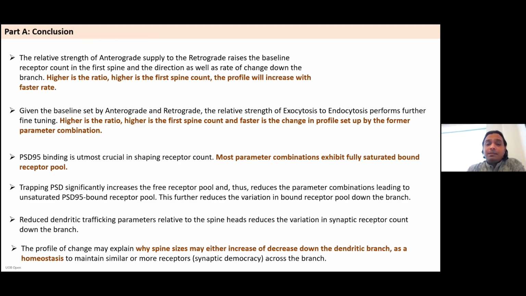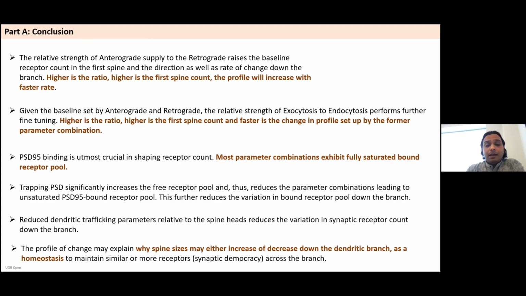Now, given the baseline set by the anterograde and retrograde, the relative strength of exocytosis to endocytosis performs a fine tuning, where the higher the ratio, the higher the spine count, and the faster the change in the profile.